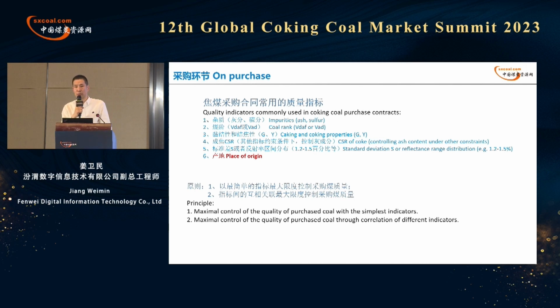The fifth indicator is about further standardizing the procurement. It's standard deviation S or reflectance range distribution. Because of the requirement of the contract, you will have different quantities and qualities of coal purchase. And then the sixth indicator is place of origin. This is also one of the quality indicators in the contract.